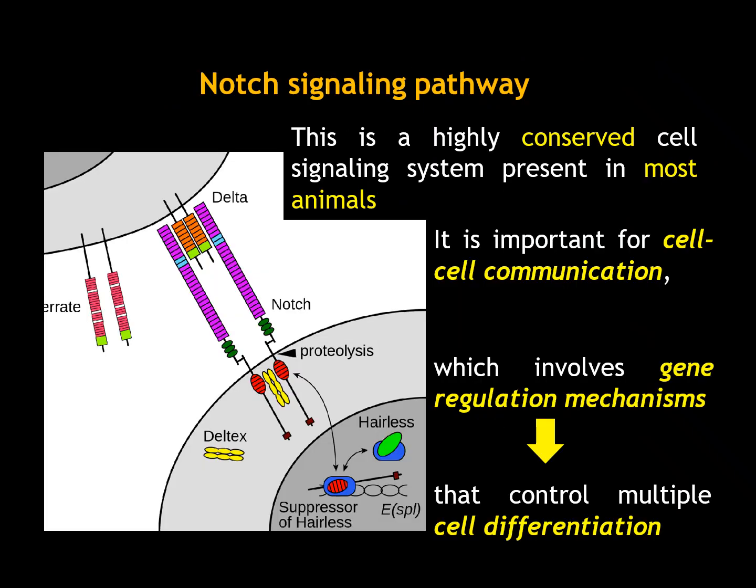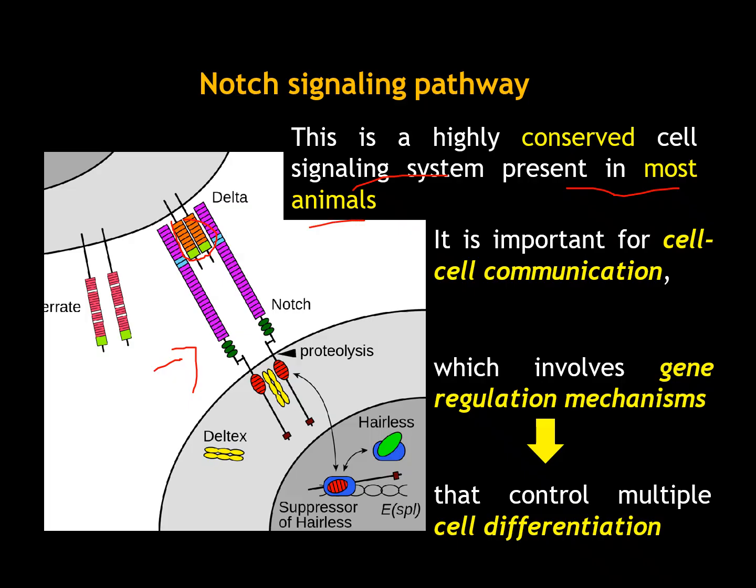Here you see a picture with a little bit more detail about Delta and Notch. It is much more complicated than what I showed you in the previous slide. I'm not going to ask you how many domains the proteins have, or the details of Delta and Notch, but I want you to remember that this is a highly conserved signaling system, present in most animals.